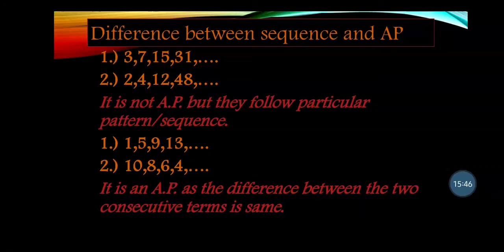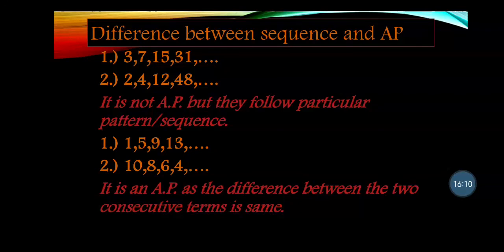Now let's see the next example. First one, 1, 5, 9, 13. When you subtract 1 from 5, you will get 4. 9 minus 5, 4. 13 minus 9, 4. So here the common difference is 4. So the numbers are increasing by 4 over here.